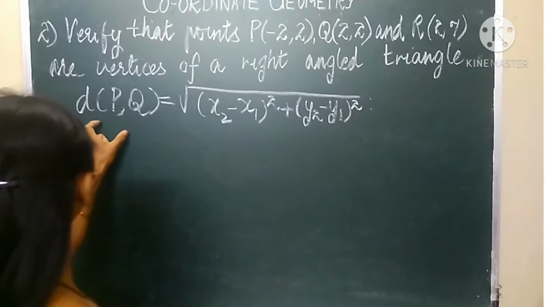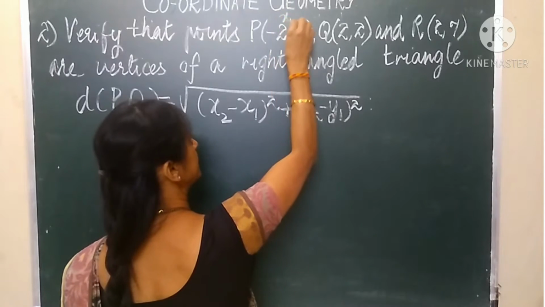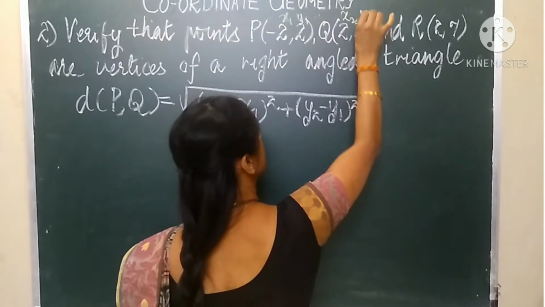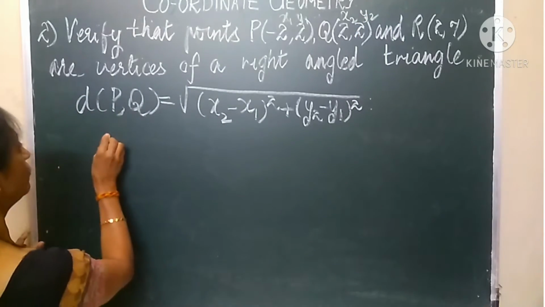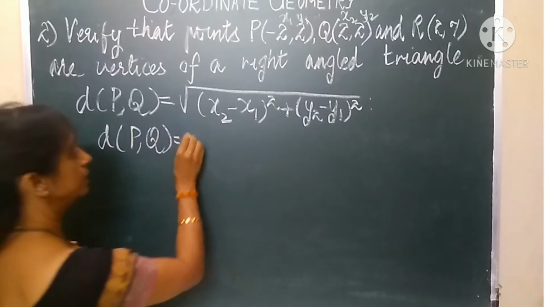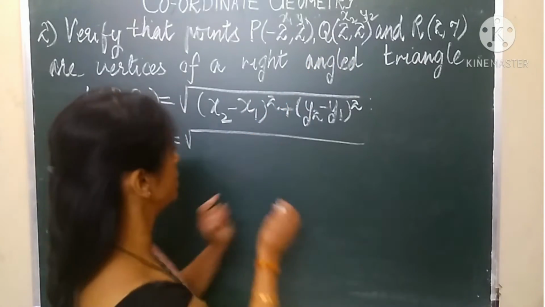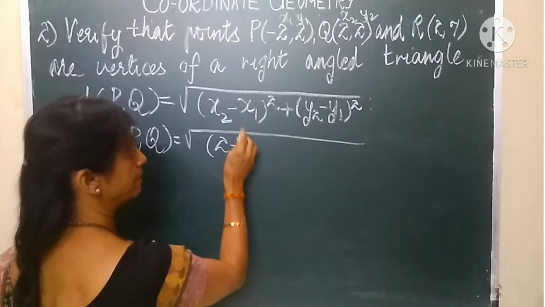Let's assign the values of x1, y1 and x2, y2. As we are considering points P and Q, definitely the coordinates of P will be assigned as x1, y1 and the coordinates of Q as x2, y2. So here distance PQ will be equal to x2, what is x2 over here? 2, minus x1 is minus 2.